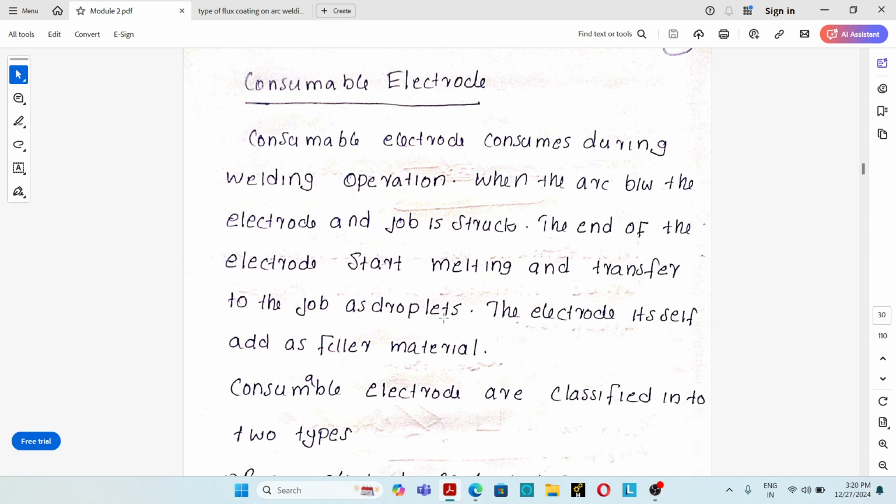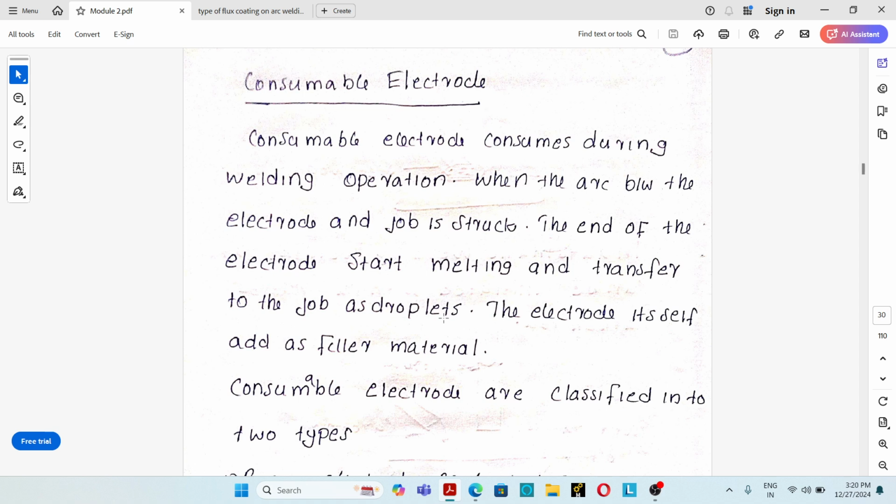In the case of a consumable electrode, the electrode gets consumed during the welding process. When the electric arc is struck between the electrode end and the workpiece, the end of the electrode gets melted and the material is transferred into the molten weld pool through the welding arc.